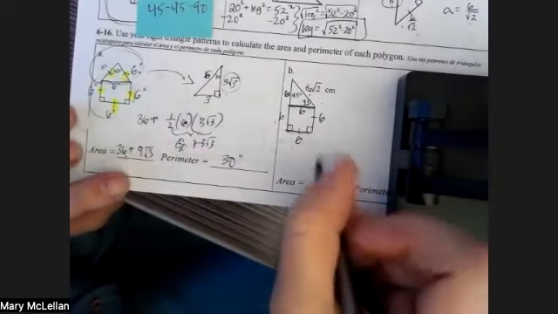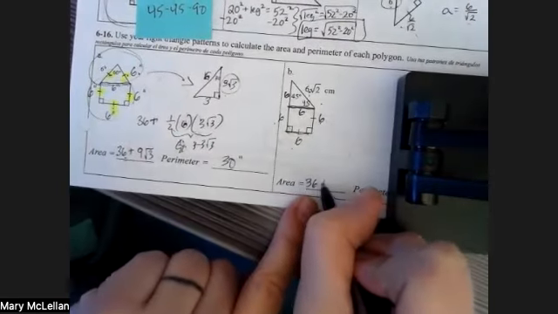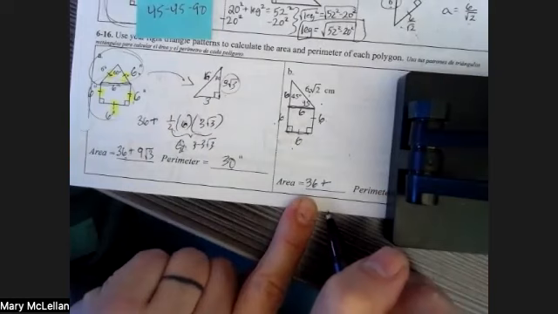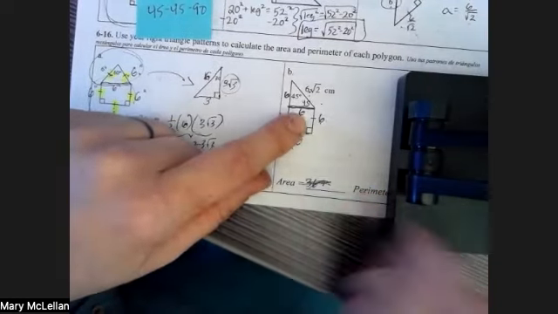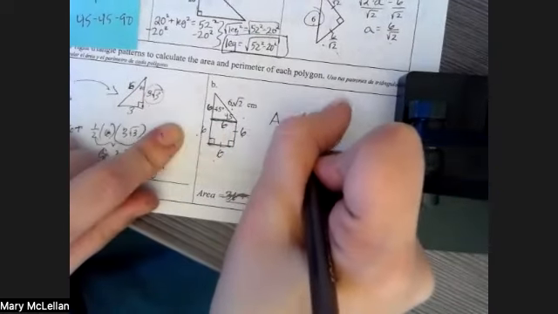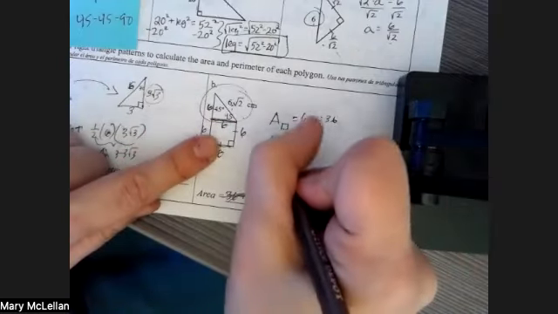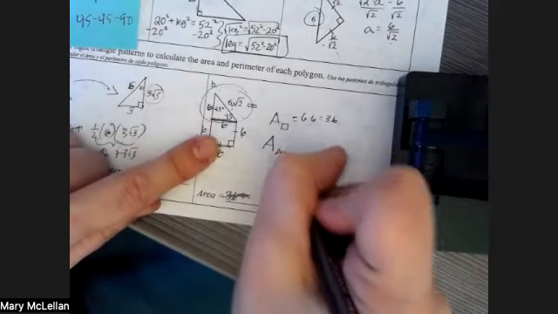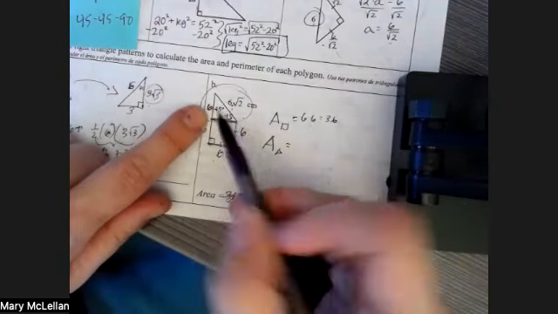The area is going to be 36 plus 1/2 base times height. Let's write it big. So the area of the square is 6 times 6, which is 36. The area of the triangle, I'm not willing to use the formula. I see that this is half of a square.